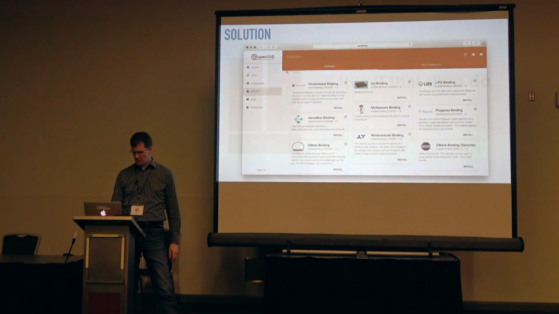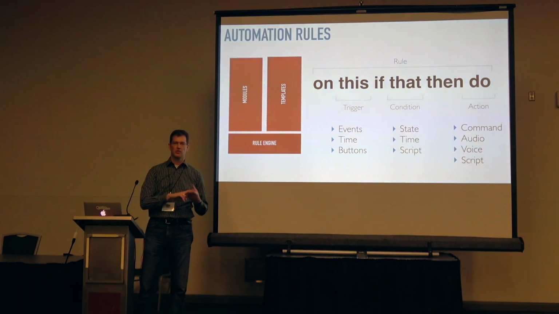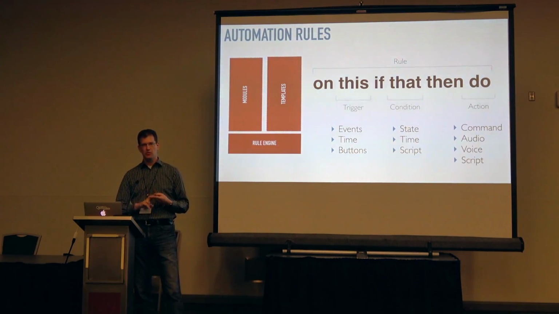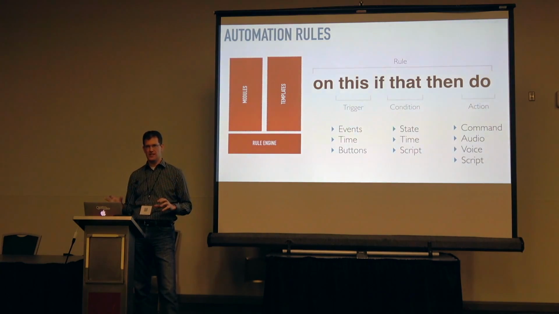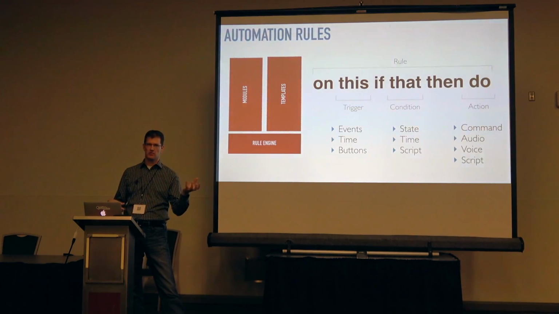That's really convenient. But what about the automation rules? Before going to the marketplace here, we actually implemented a new kind of rule engine last year in Eclipse SmartHome, which is a very modular design, where we looked a little bit at how if this then that is done, where you can combine any kind of trigger with any kind of action into a rule.